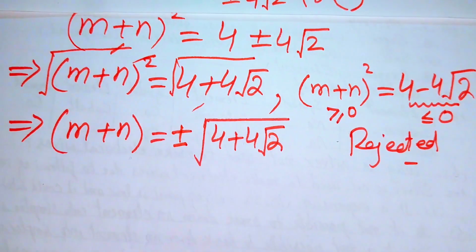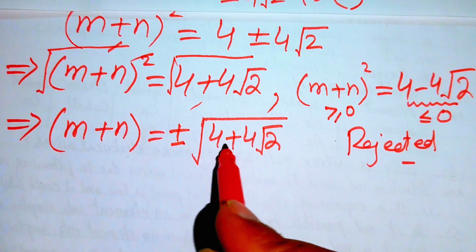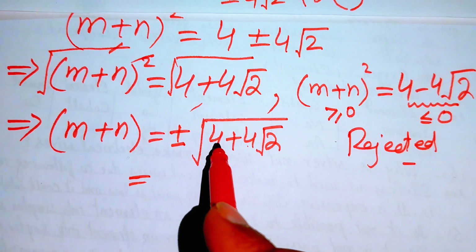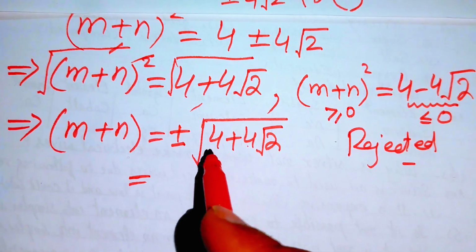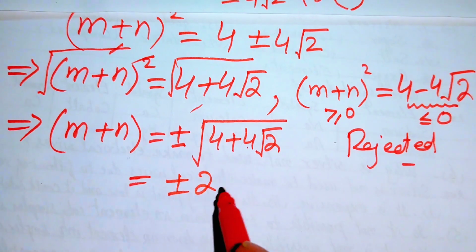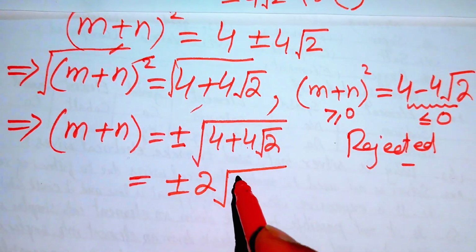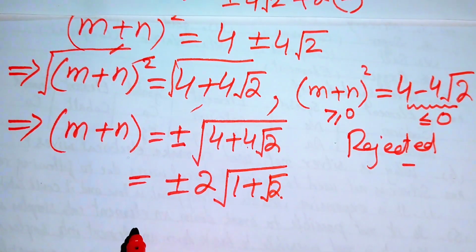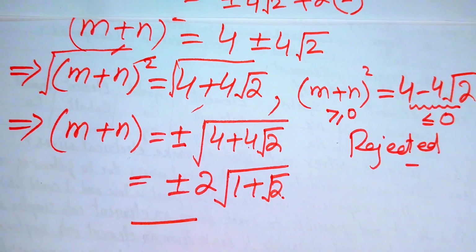And here when we take the common 4, then after we move the square root of 4 outside, you get here plus minus 2 times square root of 1 plus square root of 2. So this is our final answer to this question.